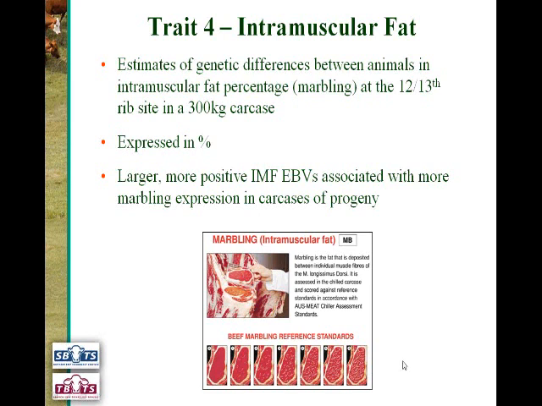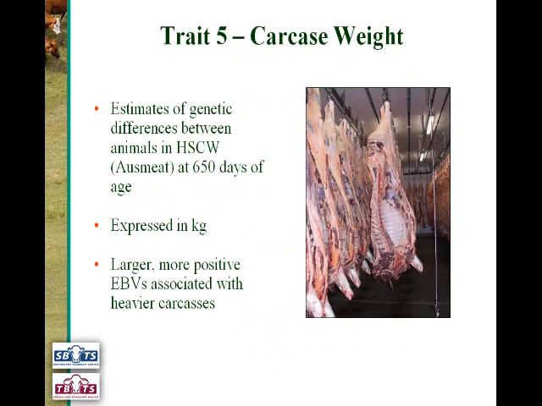The next EBV we have here is the Carcass Weight EBV. The Carcass Weight EBV gives us differences between animals in hot standard carcass weight at 650 days of age. While those first EBVs related to differences in carcass composition at a standard carcass weight, these carcass weight EBVs give us differences in dressed carcass weight at the standard age of 650 days.